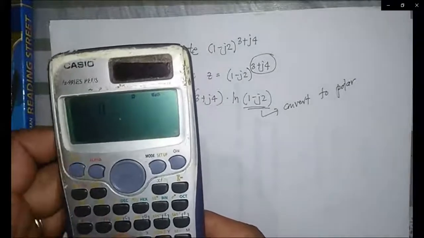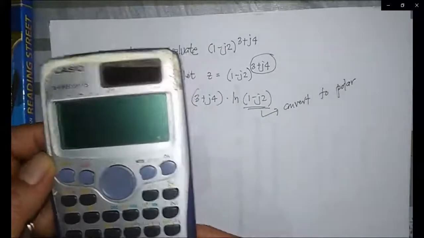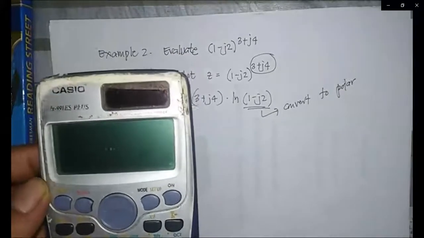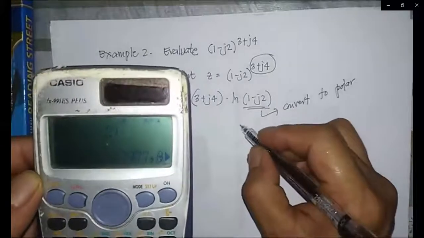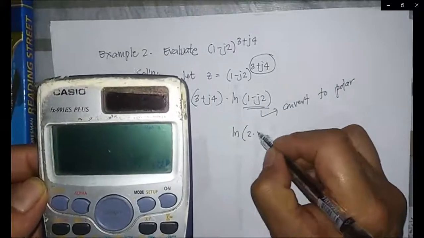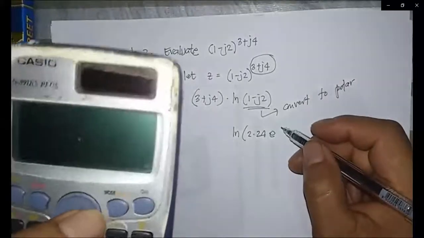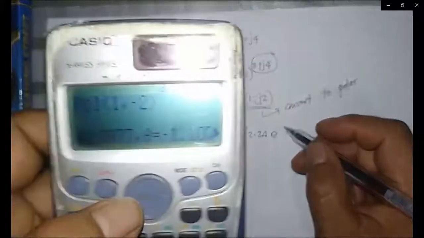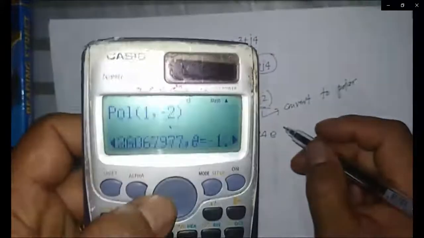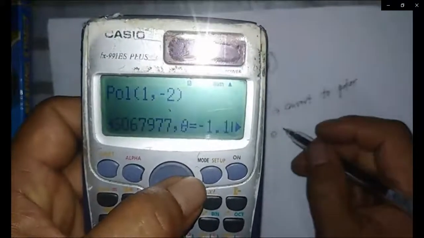So we have 1, negative 2. R is equivalent to 2.24 e raised to j. Let's look for the angle. Negative 1.11, I mean, let's round it off to two decimal places.